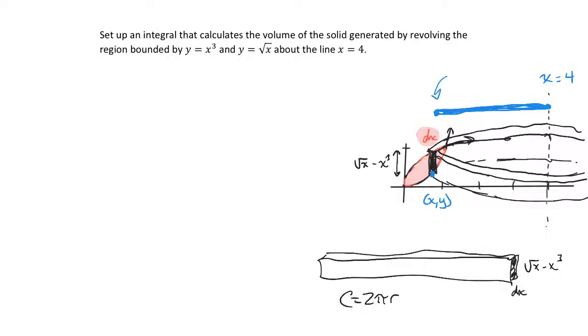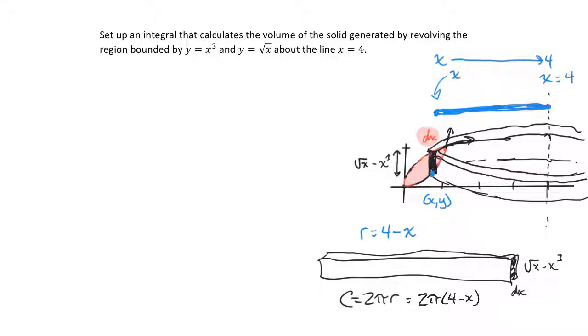Back here, well, we're kind of at x equals x. So we're going from x out to 4. 4 is the larger of these numbers. 4 is always greater than the x value that's there. So my radius is going to be the larger x value, 4 minus x. Our circumference then becomes 2 pi times 4 minus x.